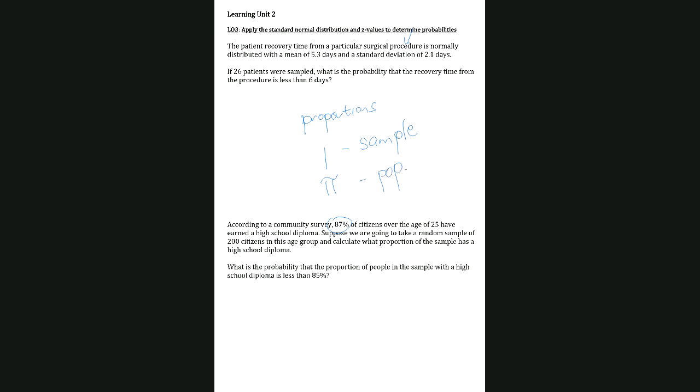So here you'll have a general figure that will be given to you, which will be the population value, and you'll also come across, again, just like with the mean, a sample value as well.